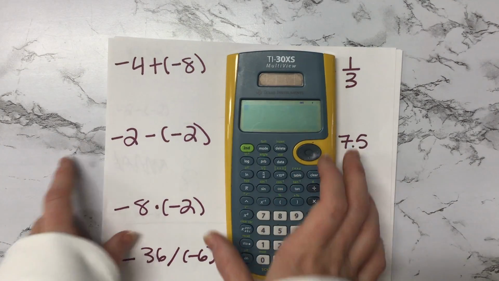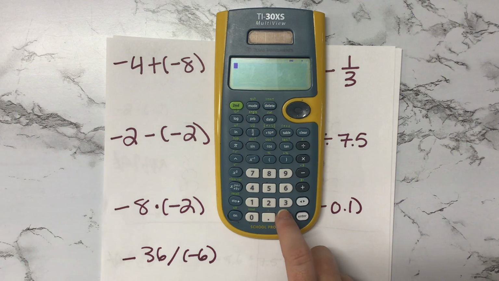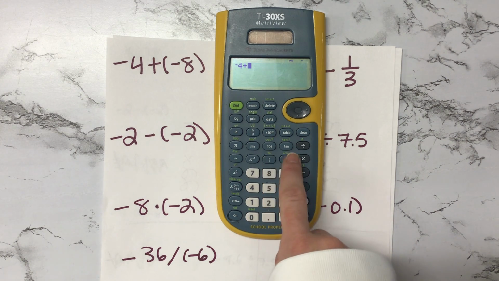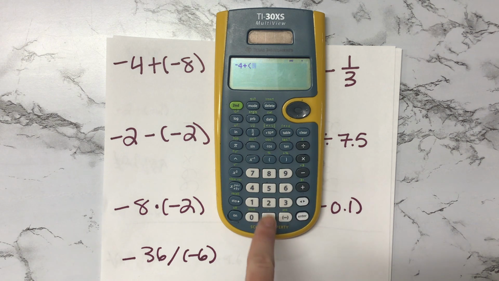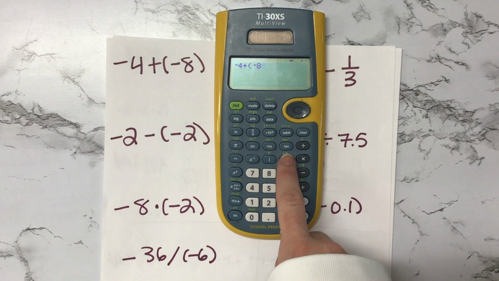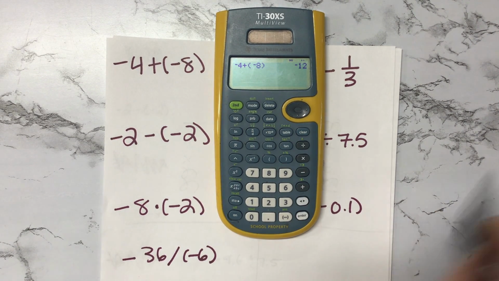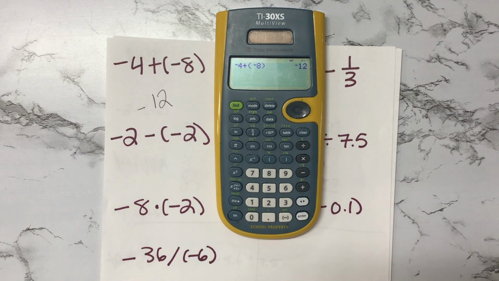So -4 plus -8. It has parentheses around it, so I want to type it just as I see it. So I'm going to use the -4 plus, then these are your parentheses button. So I do a left one, type -8, then a right one to close it, and I get my answer of -12. Okay.